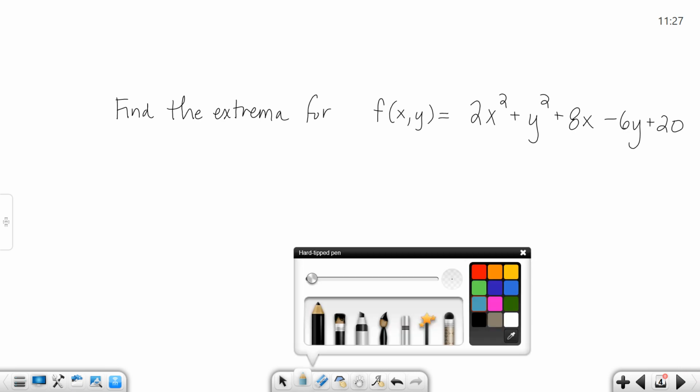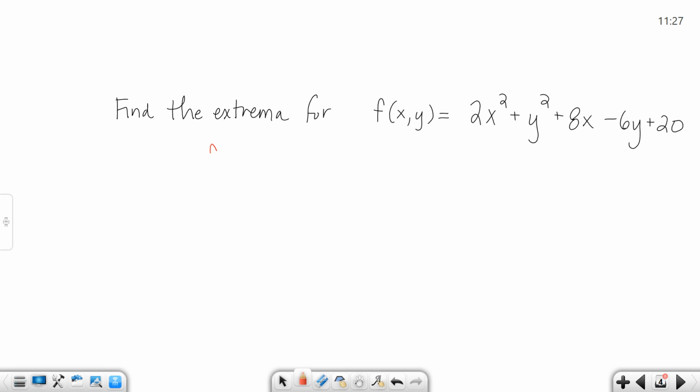The first thing we have to do with these is find the first partial derivative. We take the derivative with respect to x, and we get 4x, no y's, plus 8, no y's, and no constant. We'll also take the derivative with respect to y, which would be 2y minus 6. And that's how we begin.